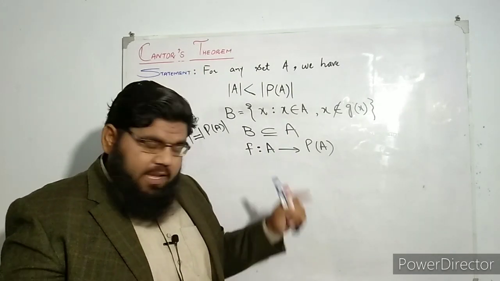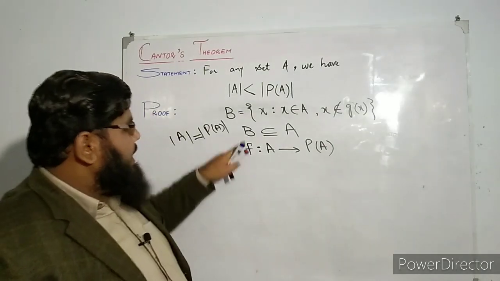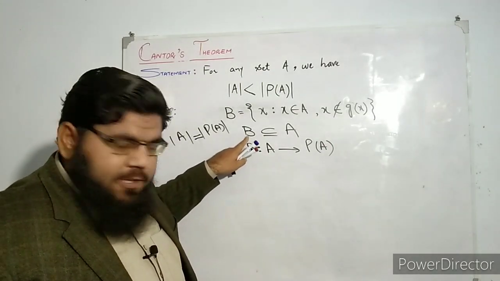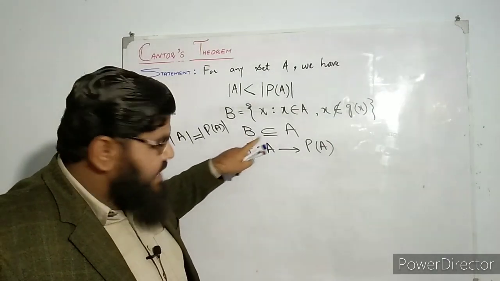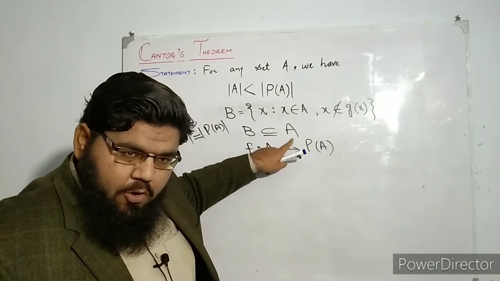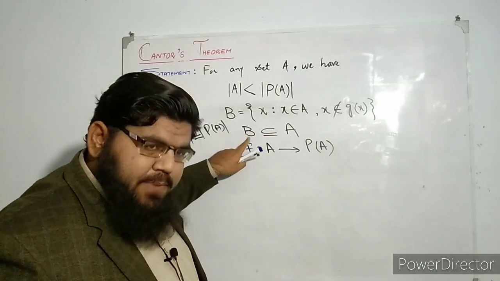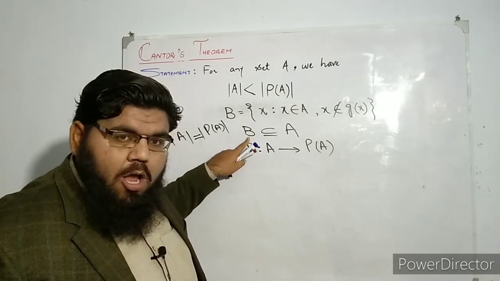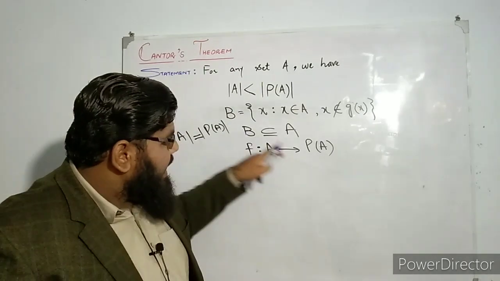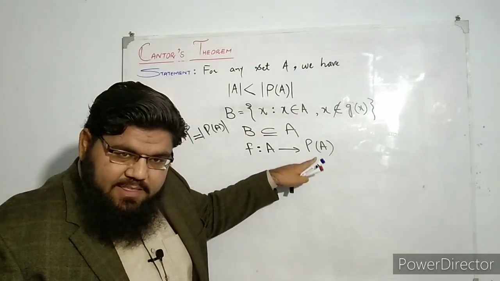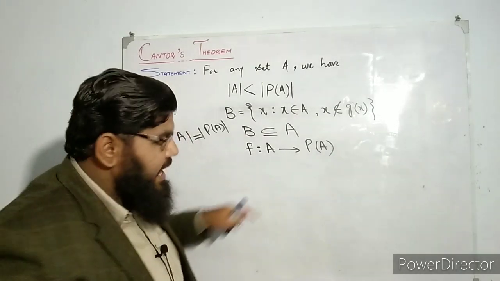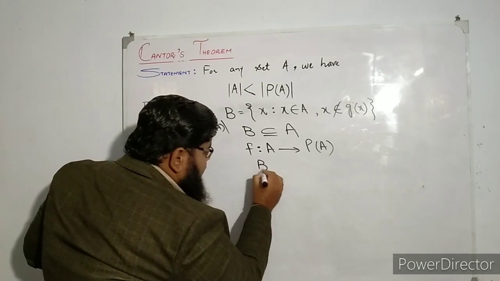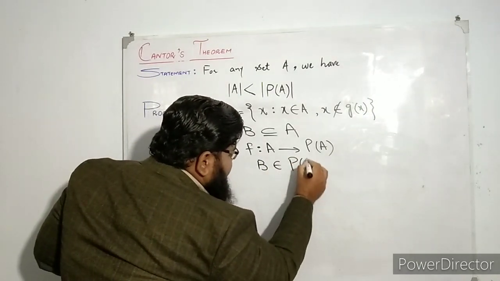Okay, now let me take you back. We were here. We have concluded that this B is a subset of A. So if this B is a subset of A, and we know that all possible subsets of A are lying in the power set, can we say that this B belongs to the power set of A?